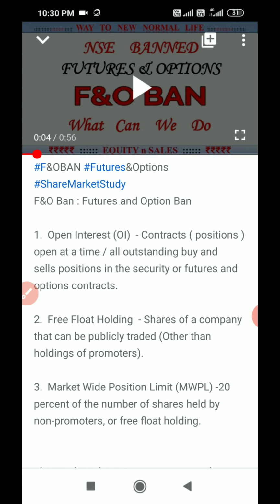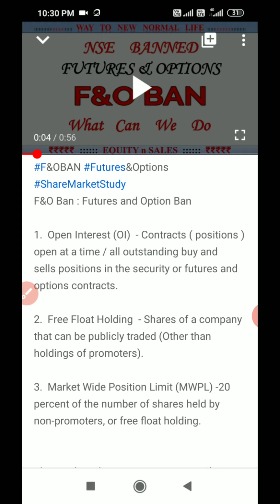That means it is all the outstanding buy and sell positions in the market, or in a much simpler way, it is all the futures and option contracts at a time. So I think you got it. At a time, how many contracts are active? That is open interest. If there are 10 contracts active, open interest will be 10.